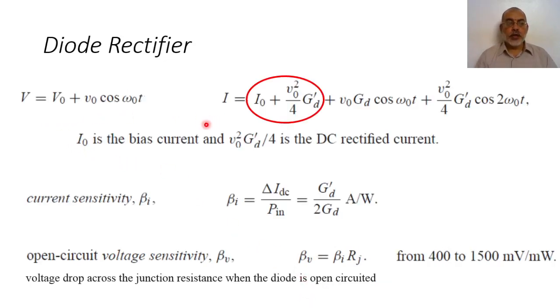That's what we are seeing here. I naught is the bias current, and V naught squared GD dash over 4 is the DC rectifier current.